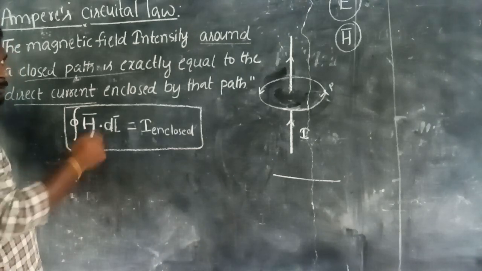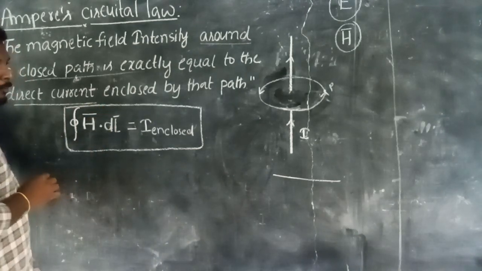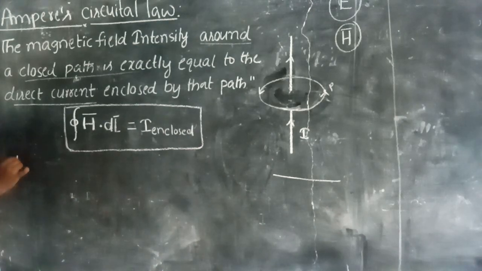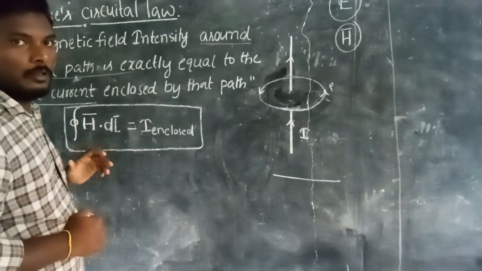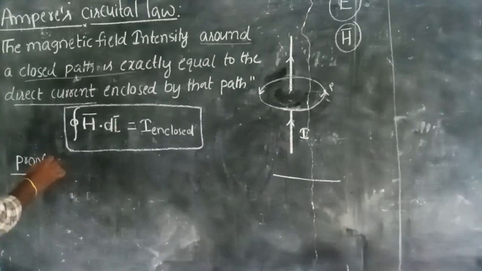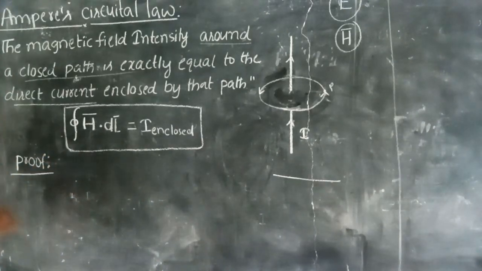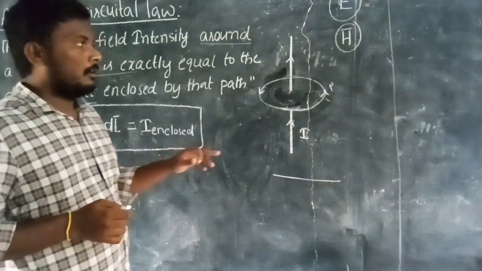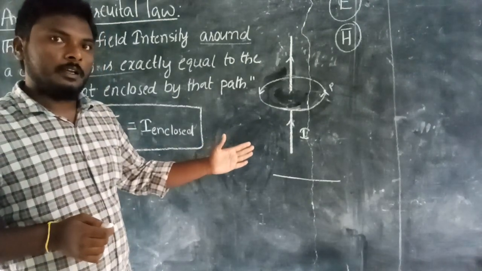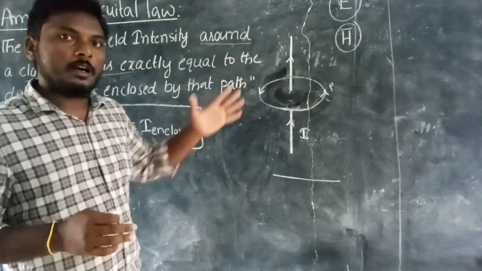Let us prove this Ampere circuit law. Proof. How can you prove? If you want to prove any law, what we have to do is consider one example. So let us consider the magnetic field intensity due to a long straight conductor. It is already known.